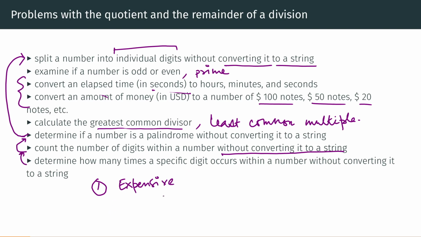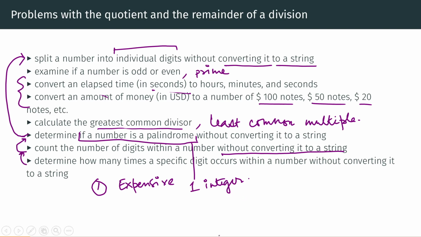Which means if you are to perform this operation, for example, split the number, or check if a number is a palindrome or not, on one integer, the computer would do it very quickly.